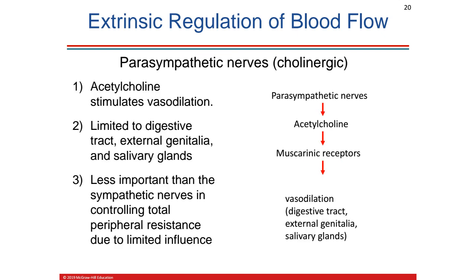So overall, the regulation of blood flow is probably mostly done by the sympathetic nervous system. But the parasympathetic nervous system does, in fact, have an effect, and the way it does this is by releasing acetylcholine at various synapses. So acetylcholine stimulates vasodilation.